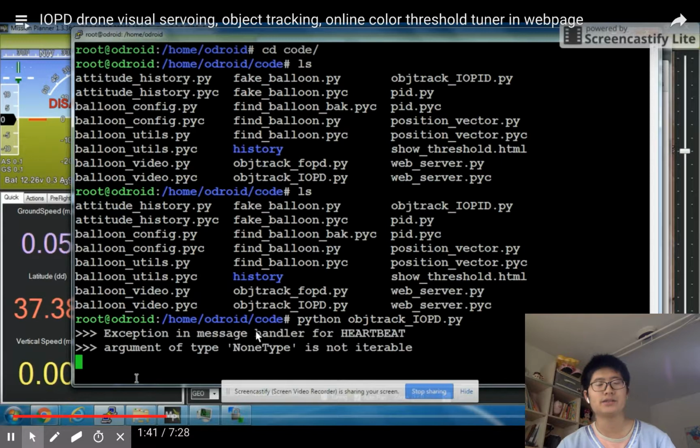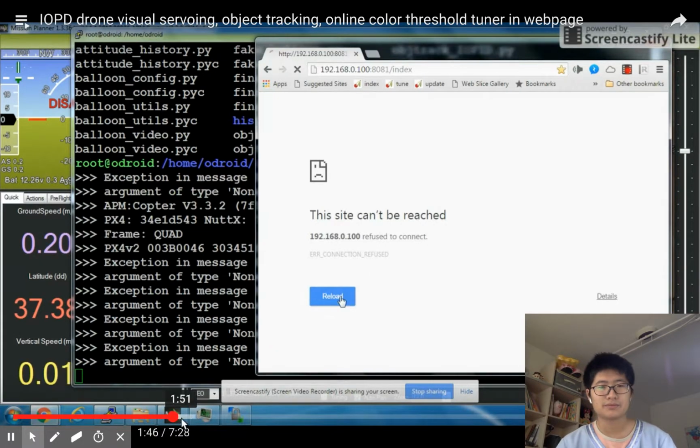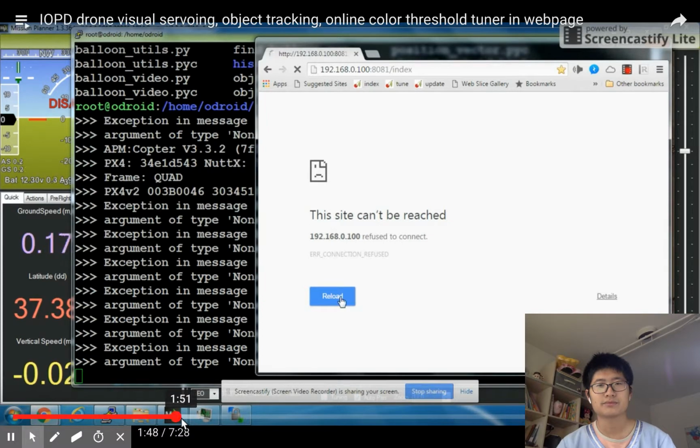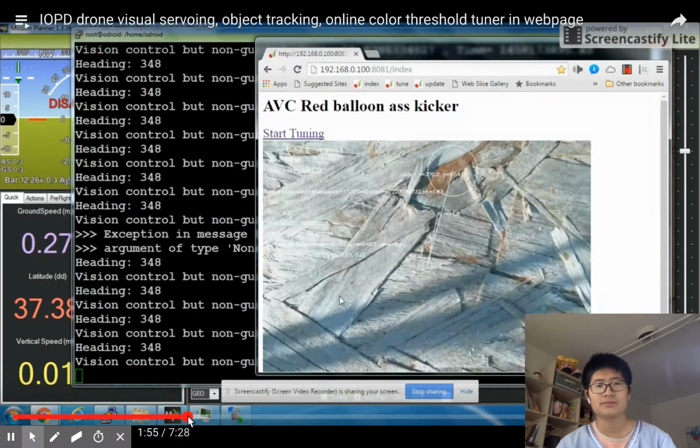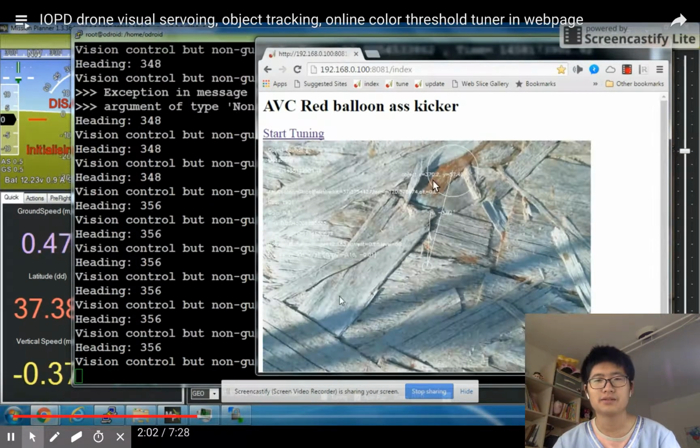It is also included in the Python script. If the target is detected, we can see a circle.